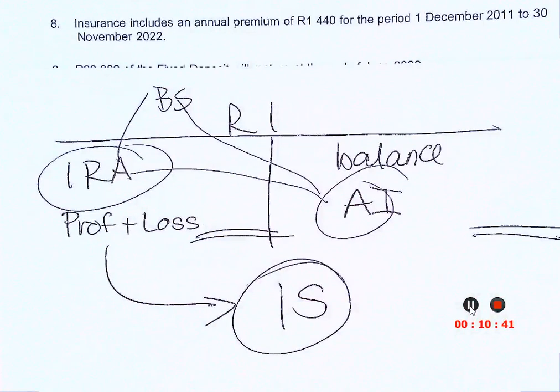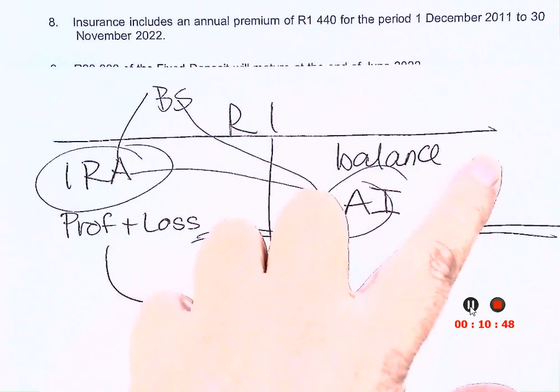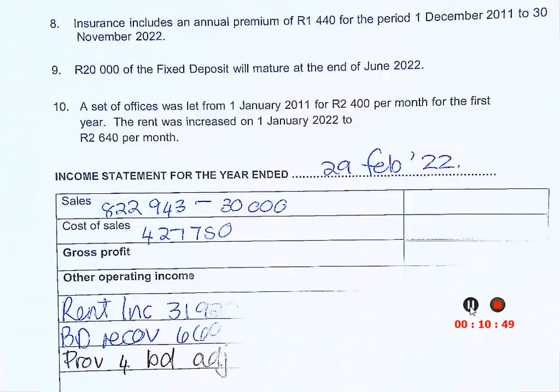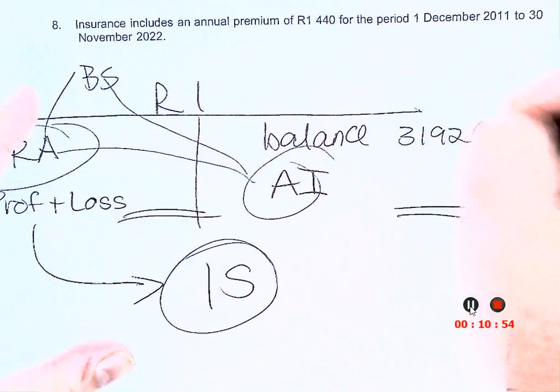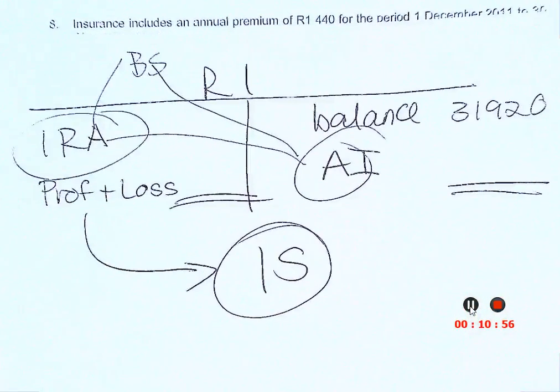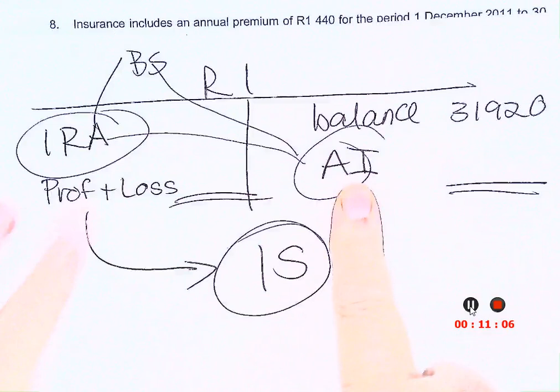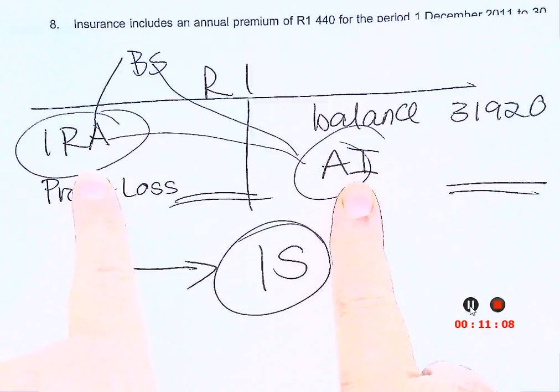Is everybody with me? Now what they usually do, like they did now, is they would give me the opening balance. And that is 31920. Then what they usually do is they will tell you they pay us so much and 1 month in advance, but they'll give us the information to calculate the accrued income or the income received in advance.